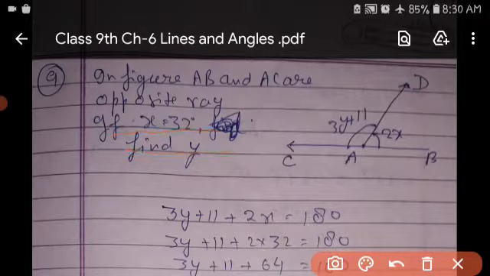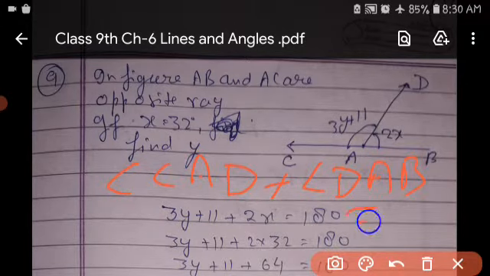Find y. We know that angle CAD plus angle DAB is equal to 180 degrees, because the sum of the angles in a straight line is 180 degrees.